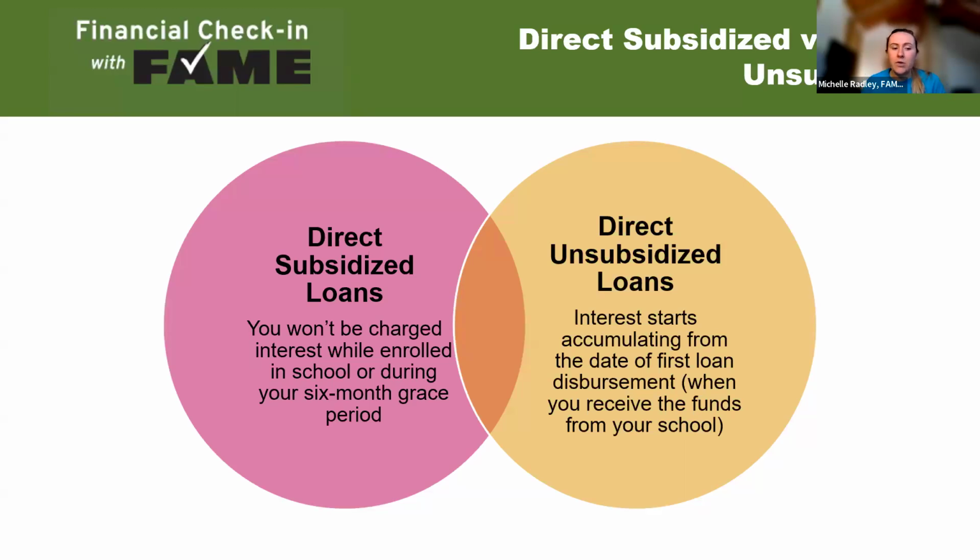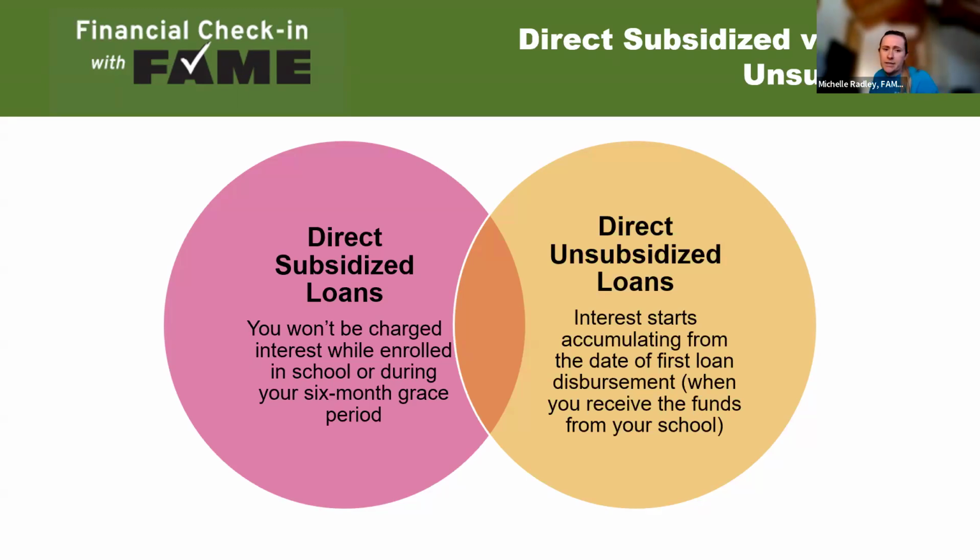For direct subsidized loans, the person taking out the loan won't be charged interest while enrolled at least half time, until they've either graduated or stopped being in school at that half-time status. They get a 6-month grace period after they've left school.